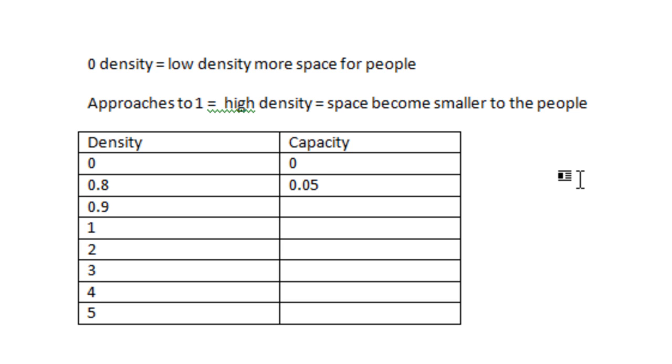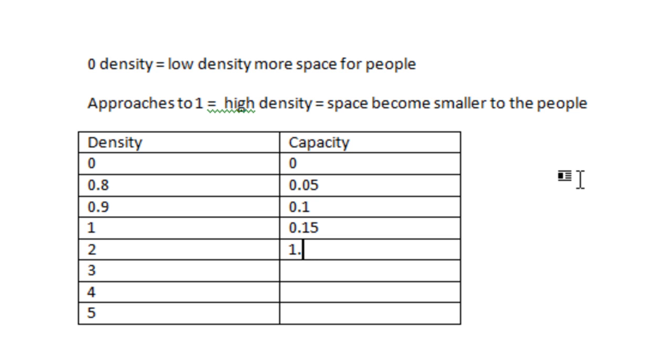At 0.9, let's say 0.1 will die. If 1, maybe we'll take 0.15, for example. If 2, because 2 is too crowded, you cannot squeeze it, too crowded is not enough food.